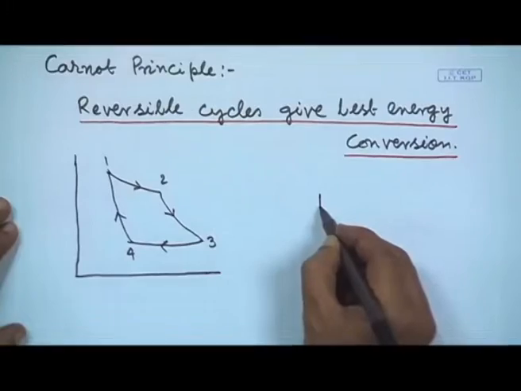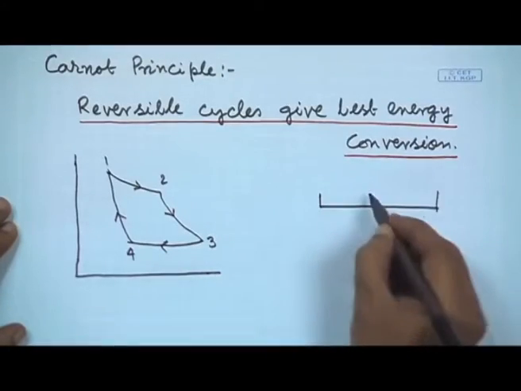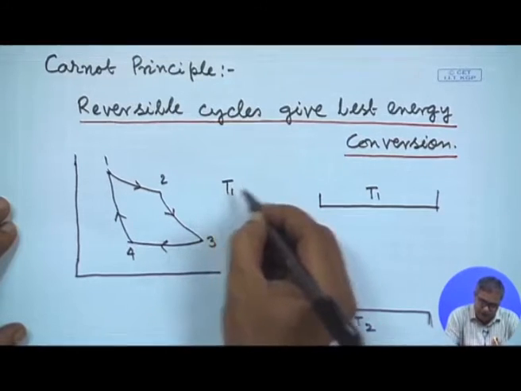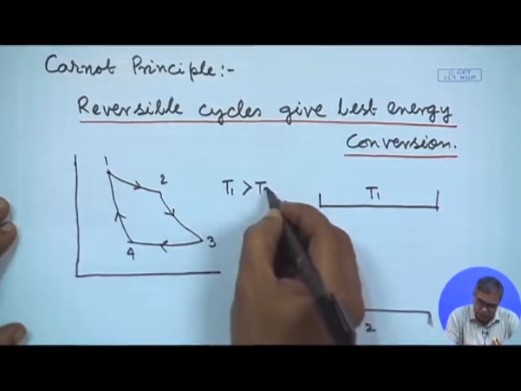So, let us say the temperature limits are given. Let us say this is T1, the source temperature, and this is the temperature T2, the sink temperature, and T1 is greater than T2.